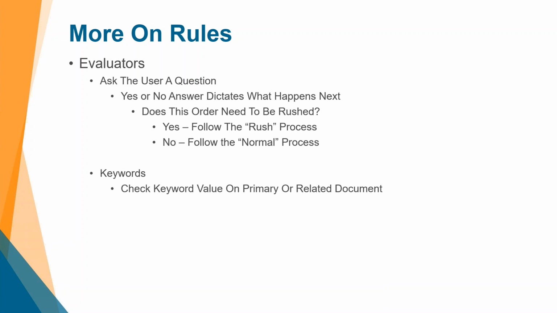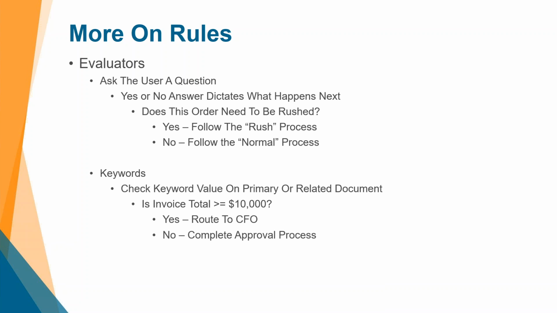We can look at keyword values on those related documents also. So a good example here, an invoice situation. Maybe there's a rule inside of your organization that any invoice that's over $10,000, the CFO has to view that. If not, hey, we just complete the process. Anything under that, whatever's happened up to this point, perfectly fine, finish off that process. So that's a good example of a keyword evaluation.